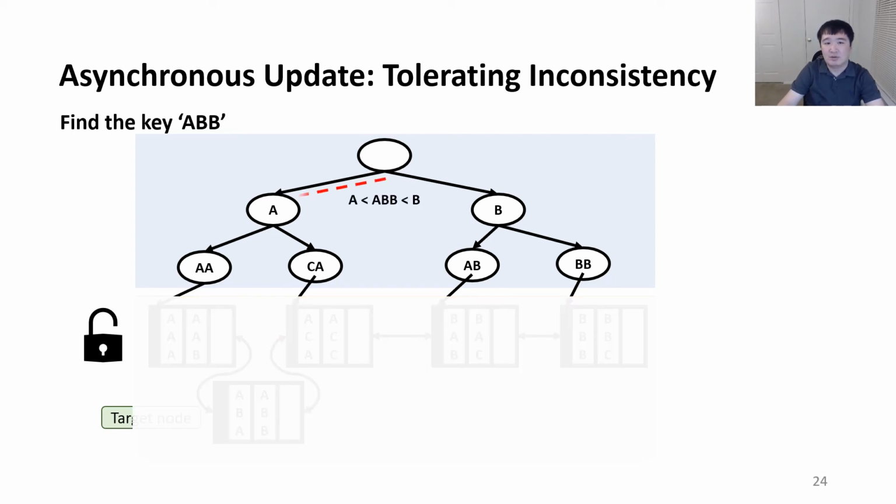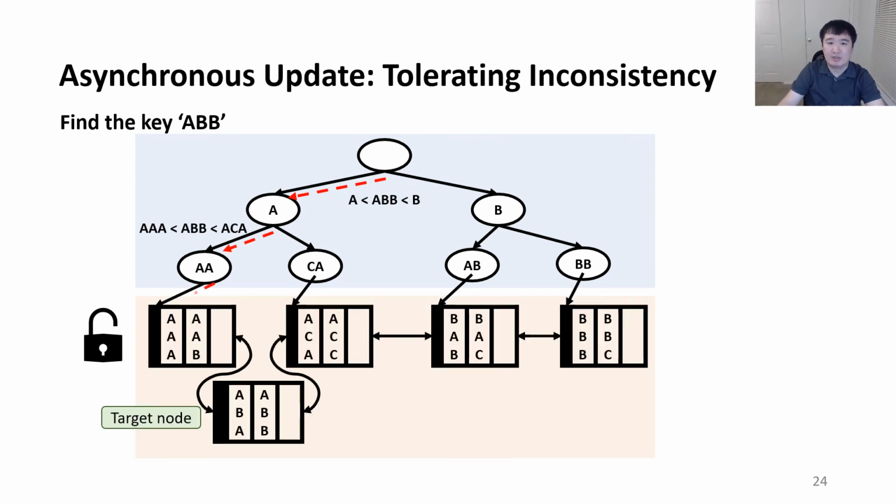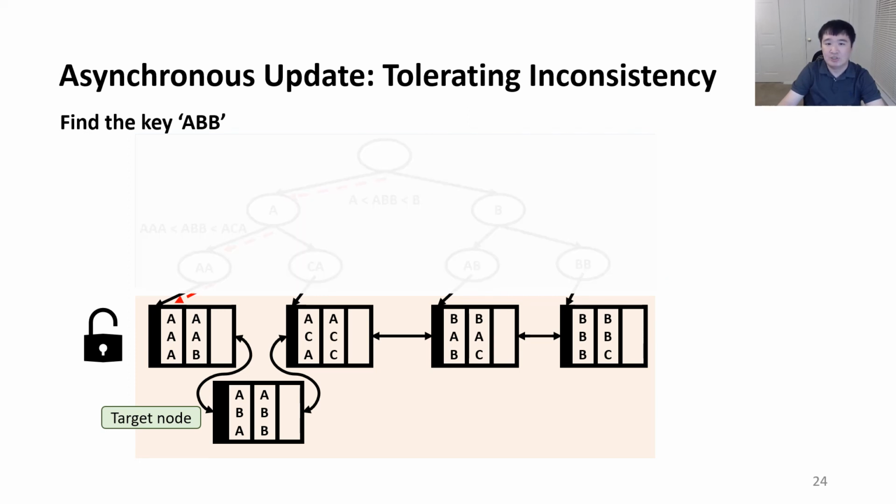First, PACTree finds the leaf node location from the search layer. However, the search layer is not updated yet, so the result of the lookup operation in the search layer points to the sibling node of the target node. So, in this case, the jump node is the sibling node of the target node.